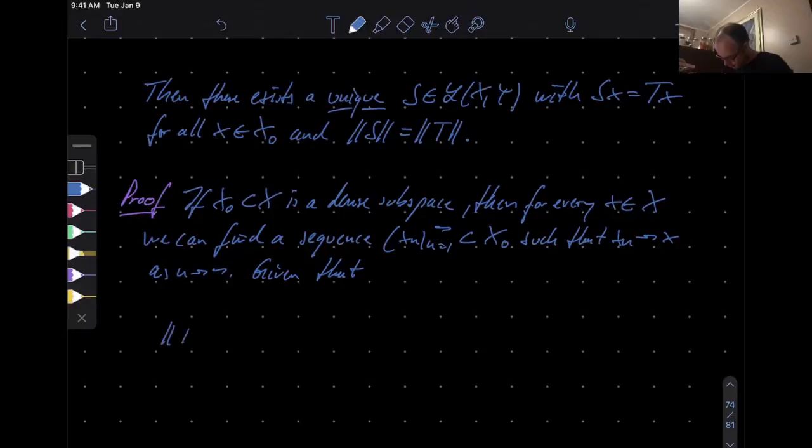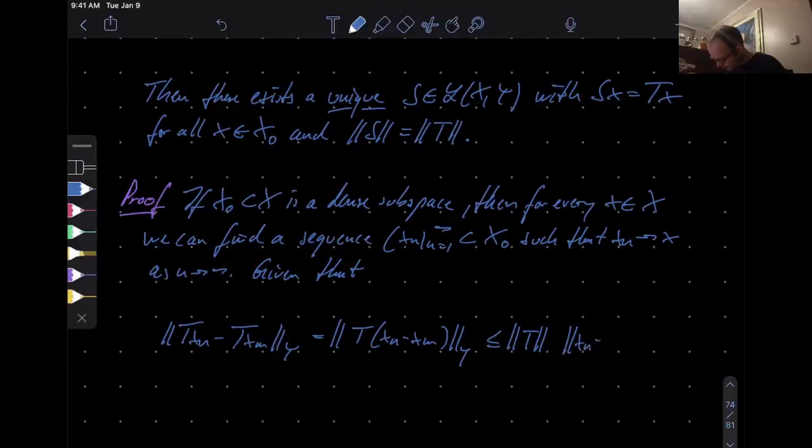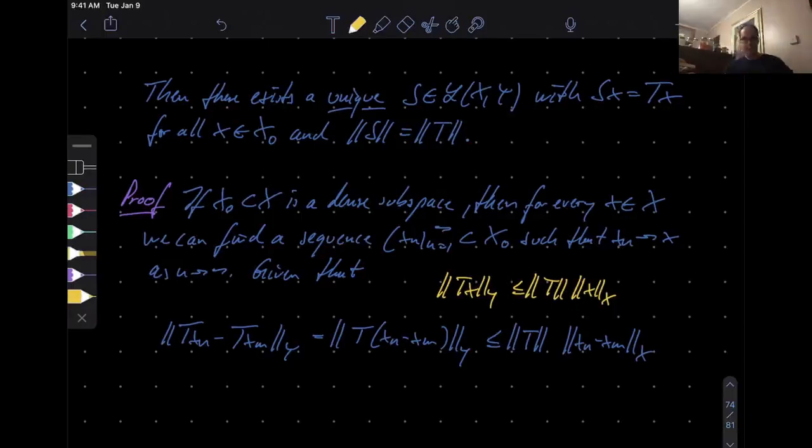well, T x_n minus T x_m in Y, well, that is the standard trickery now again, playing around with the operator norm that we haven't done now for a while, but here we go again. Right, remember, in general, whenever you have this guy, this is always at most that product of norms there, the first one being the operator norm. This just follows from the definition of the operator norm.